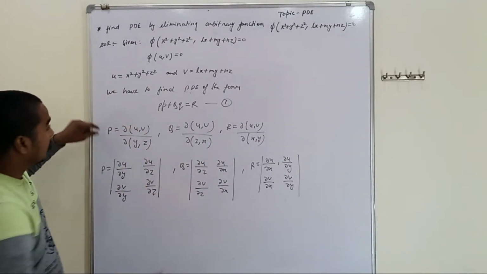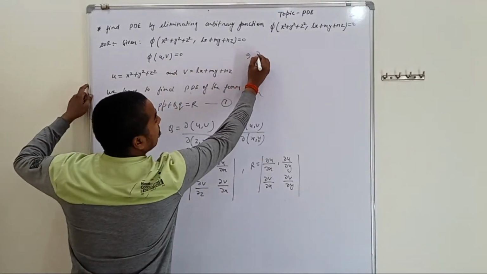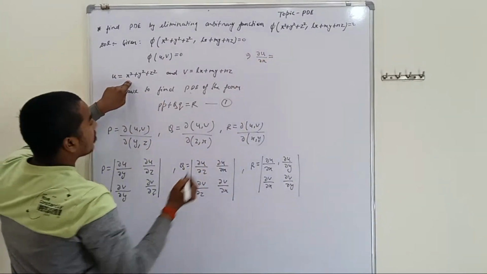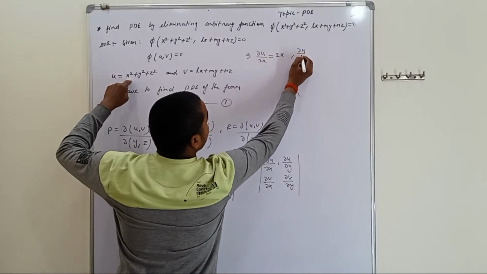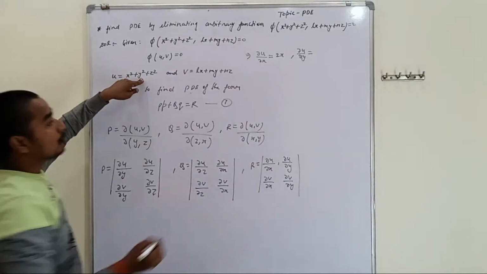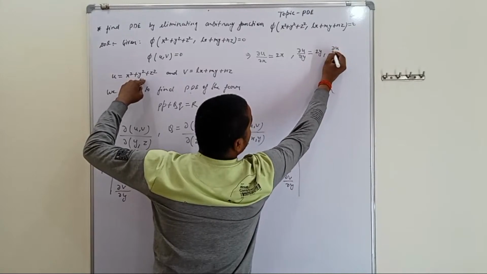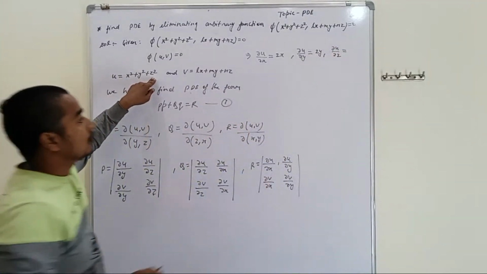From here we have to find del u upon del x. Del u upon del x is 2x, del u upon del y is also 2y, and del u upon del z is also 2z.